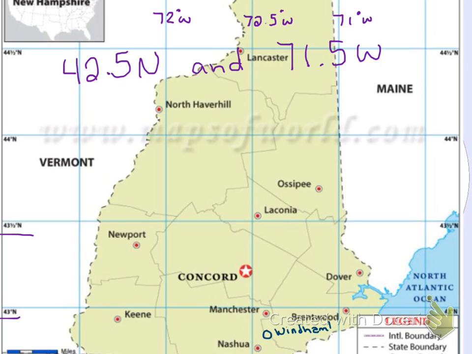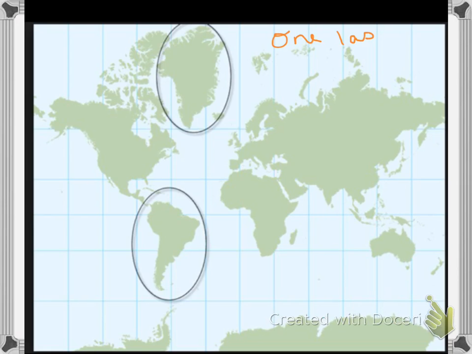So I would say that we're at about 71.5 degrees west. Our latitude and longitude of Windham is 42.5 degrees north and 71.5 degrees west. I wouldn't try and become any more precise with this map because it just doesn't allow it. But if you had an even more accurate map, we could be more precise.